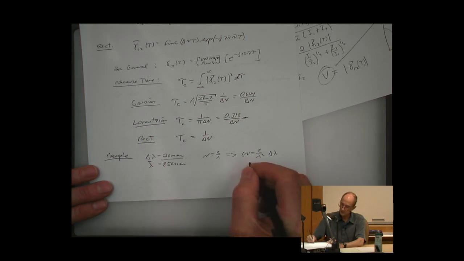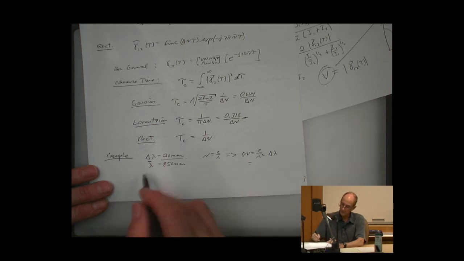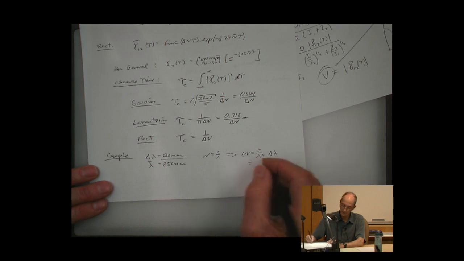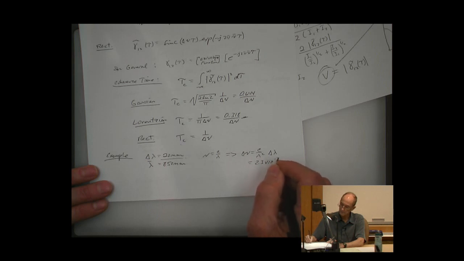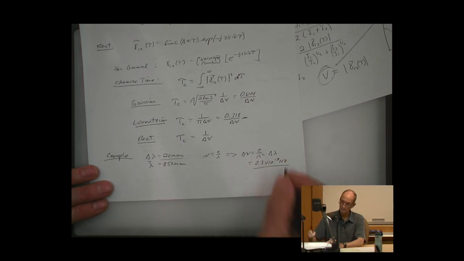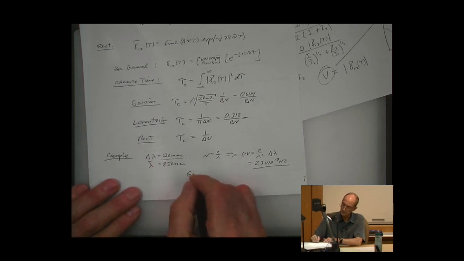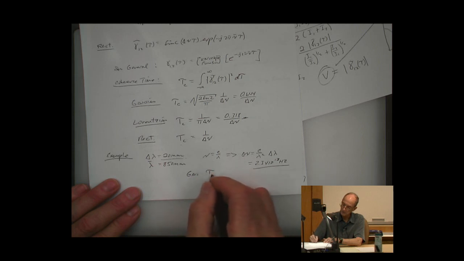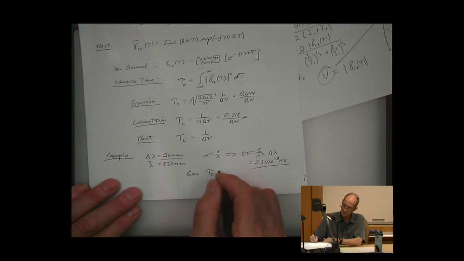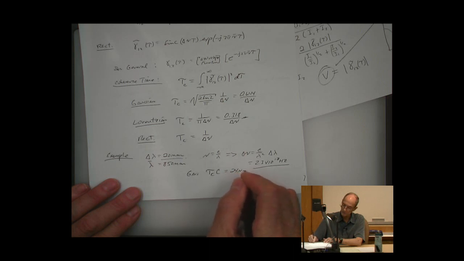And so this frequency, if we put in our lambda average and delta lambda, works out to be about 2.3 times 10 to the 13th hertz. All right. So for the Gaussian, the corresponding coherence length is tau sub c times c, and that's going to be 24 microns.